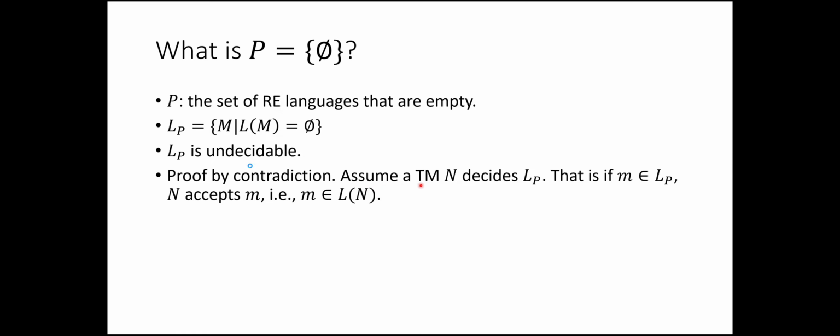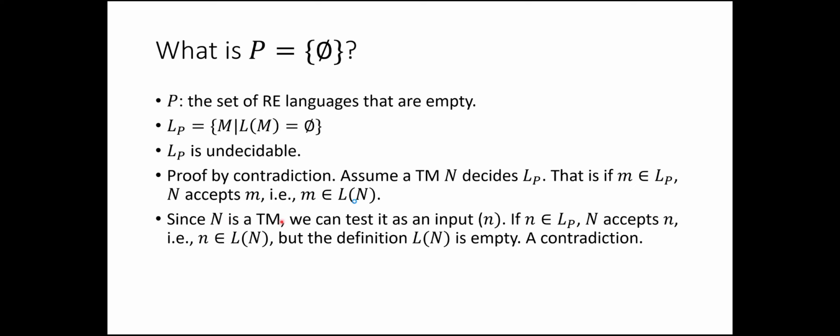We assume there's a TM N that decides L_P. When we say there's a TM N that decides L_P, it simply means that if M, as a string, is in L_P, then N must accept M. If N accepts M, that means M is in the language accepted by the Turing machine N.